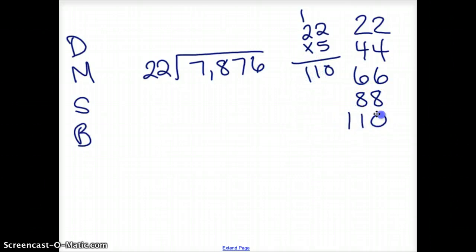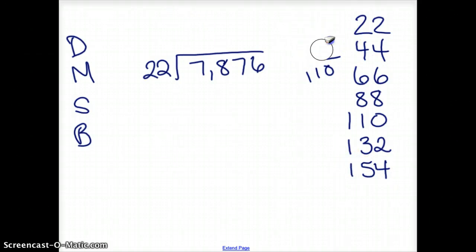So we have 110. And then next would be 132, 154. Alright, so now we have our multiples. Now we're ready to start dividing.